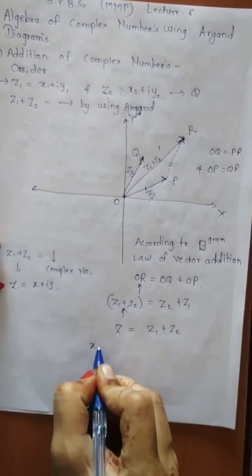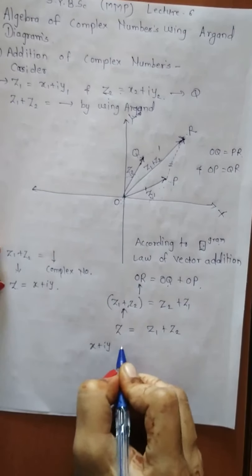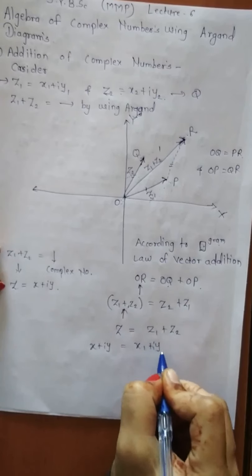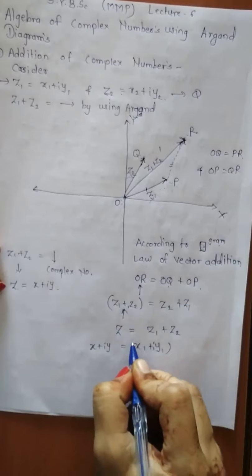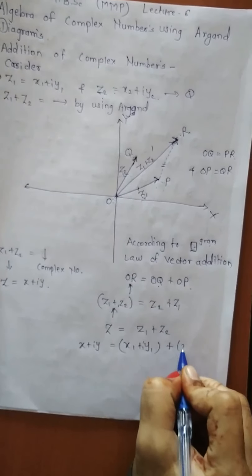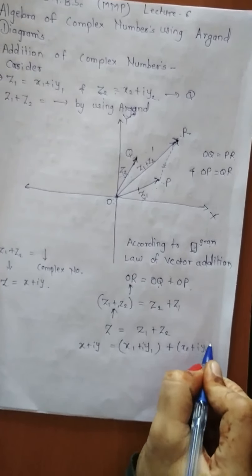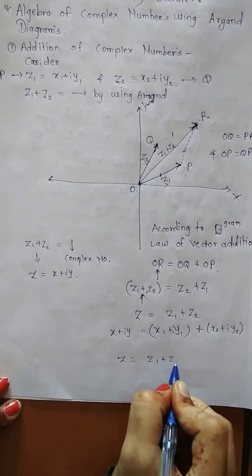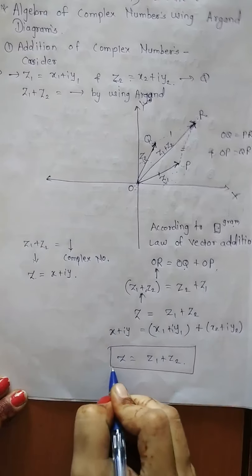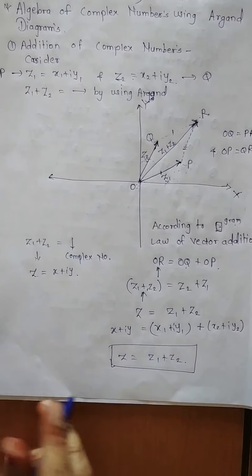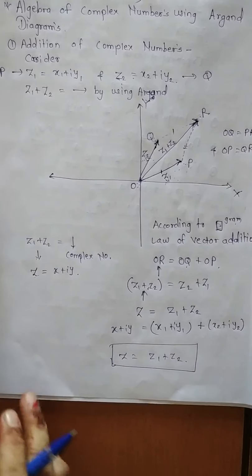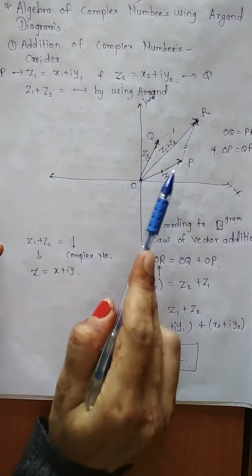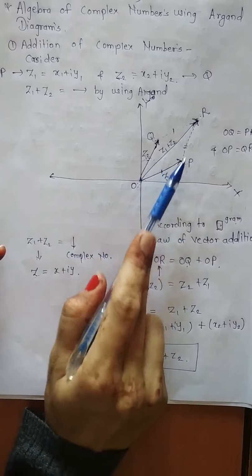That is, X plus iY is equal to X1 plus iY1, plus X2 plus iY2. That is, Z is equal to Z1 plus Z2, and this is nothing but the addition of two complex numbers using the Argand diagram.